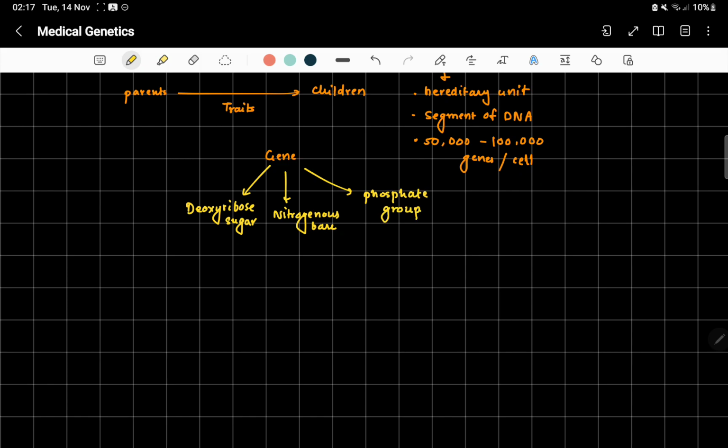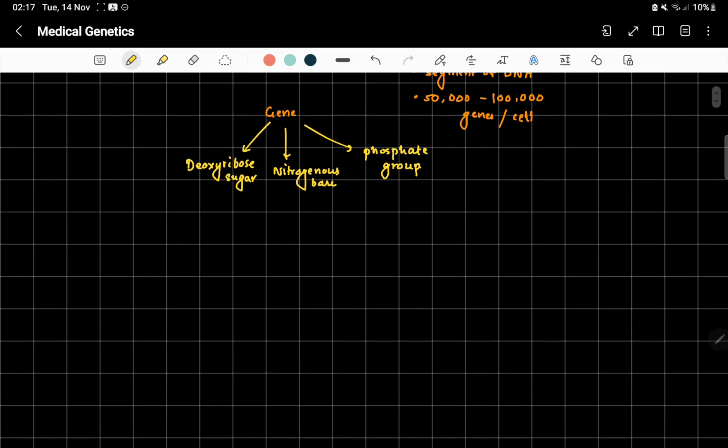And each gene has 2 parts. One is called the exon, which is functional, which expresses, and another is called the intron, which is the silent part.